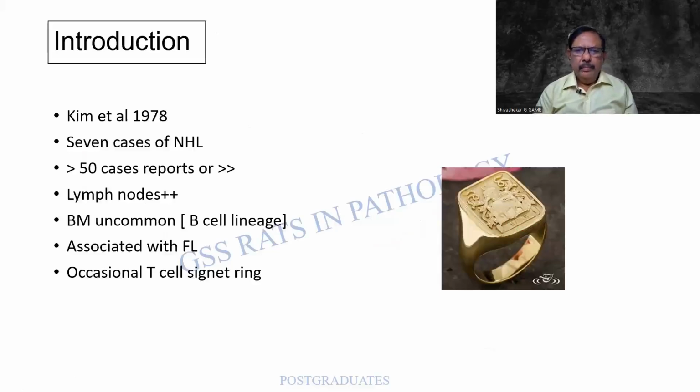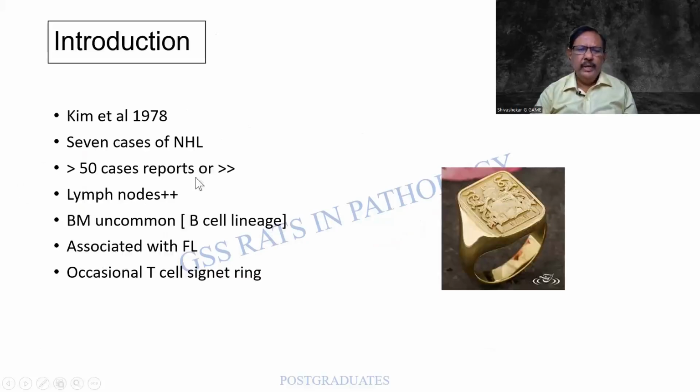The term signet ring cell lymphoma was introduced by Kim et al. in 1978. He had seen about 7 cases of non-Hodgkin's lymphoma which were showing this morphology. At that time of presentation, there were about 50 cases, and now several hundred cases would have been found.